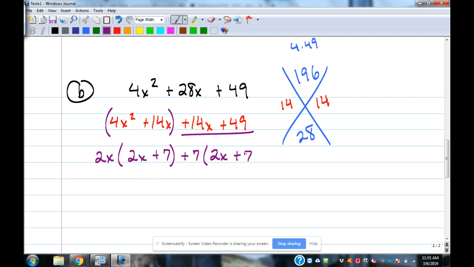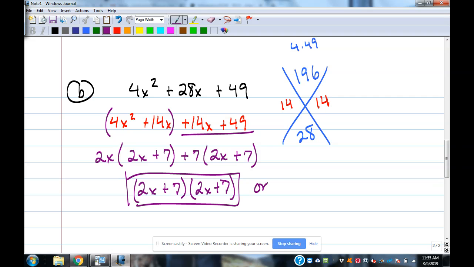Be 2x plus 7. And you have 2x plus 7 for the matching piece, and then the stuff in front is 2x plus 7. Another way of writing that would be 2x plus 7 squared. I would take either of those.